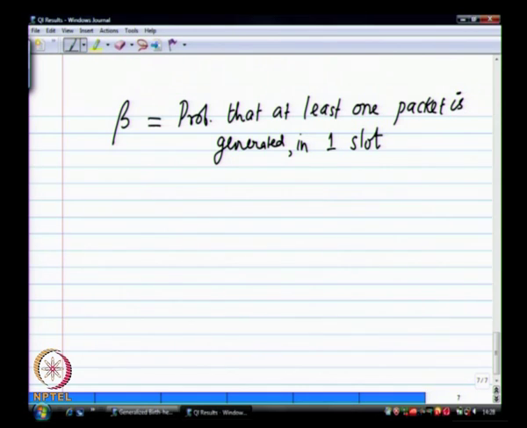If the queue is empty, we will have to make a small assumption. We can relax that if we really want to, which would give slightly improved performance. We will assume that in one slot only one packet can be generated, no more than one. If you really want, we can change this model. Maybe we will make that your exercise.